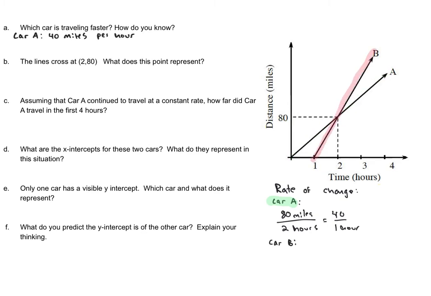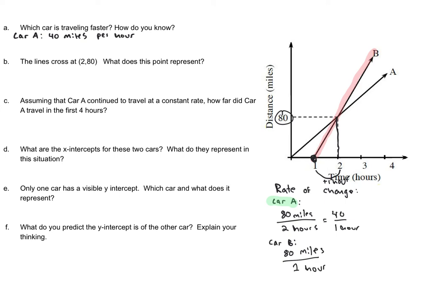Okay, so we're going to use the same system and say, well, in this case, since it started traveling right here, that means that this is actually only 1 hour. And in 1 hour, this car made it to 80. So we already have our unit right there.